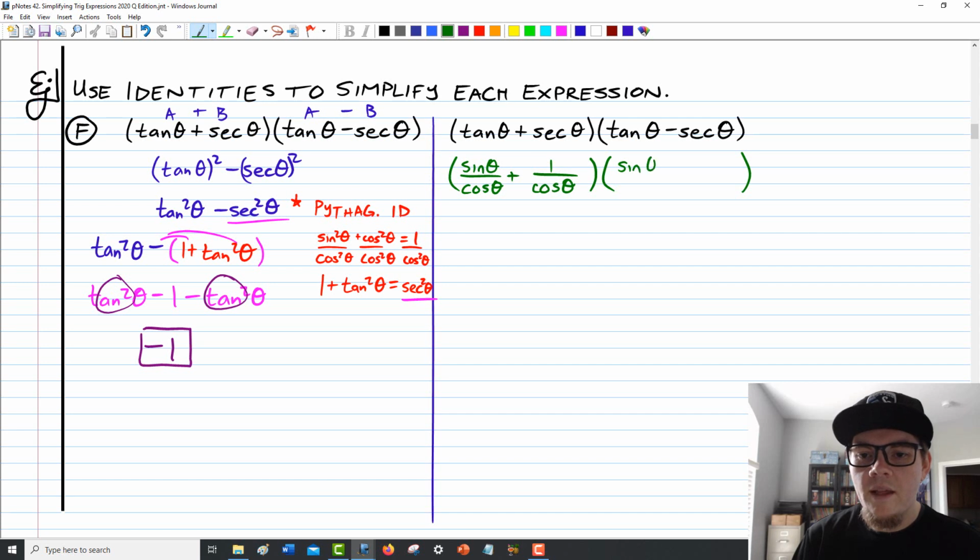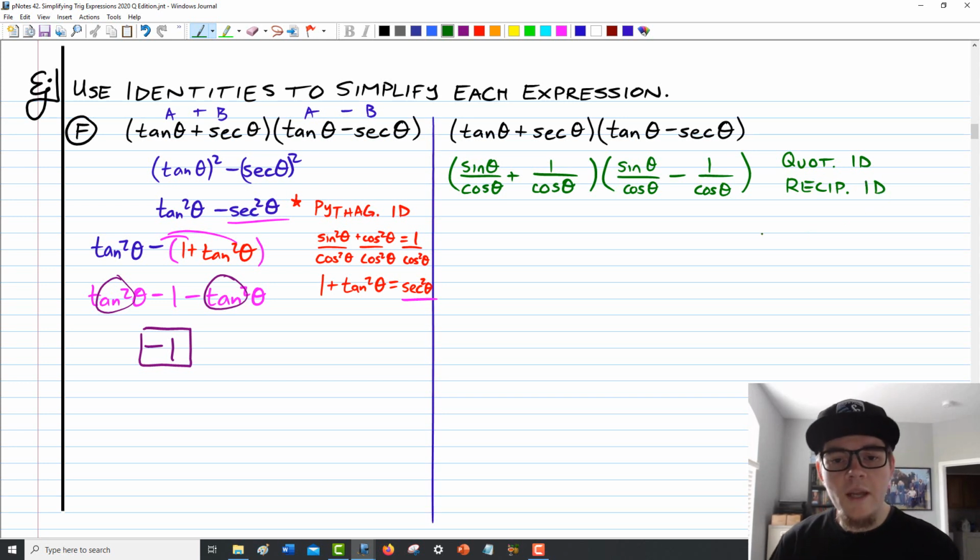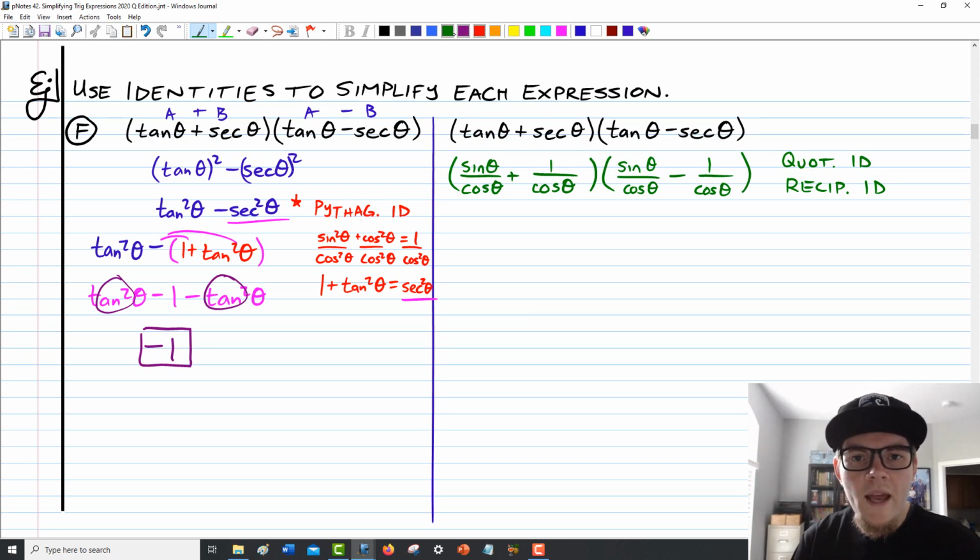Likewise, we do the exact same thing over here, because of course these two factors have the same pieces, just a difference of a sign. So in this case, what did I use? I applied a quotient identity twice to take care of the tangent, and then I applied the reciprocal identity to transform the secant into 1 over cosine. Now having done this, what I'd point out next is the fact that both of these expressions feature the exact same denominator.